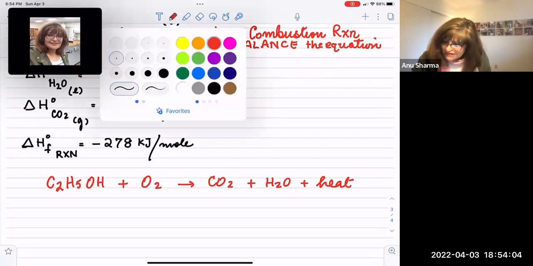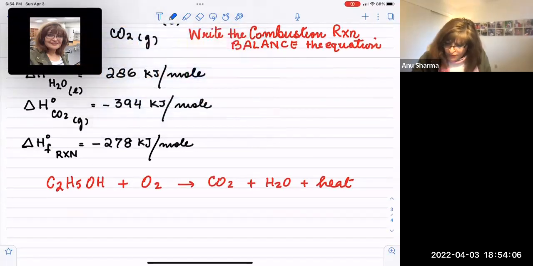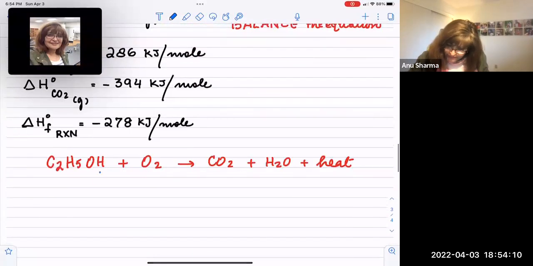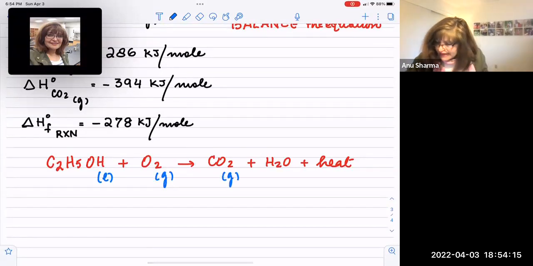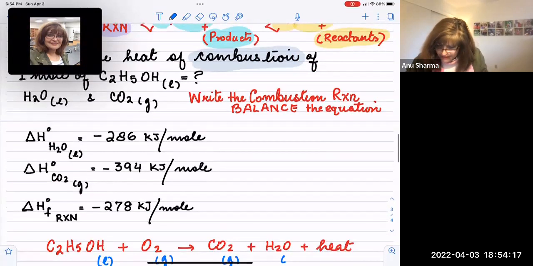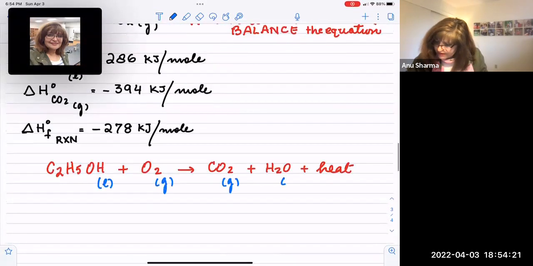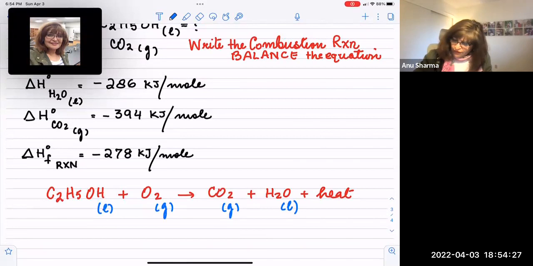In this case, methanol as a liquid reacts with oxygen as a gas to give carbon dioxide as a gas, and water, I'm assuming, is given as a liquid here. Okay, in this scenario, always first of all balance the equation.